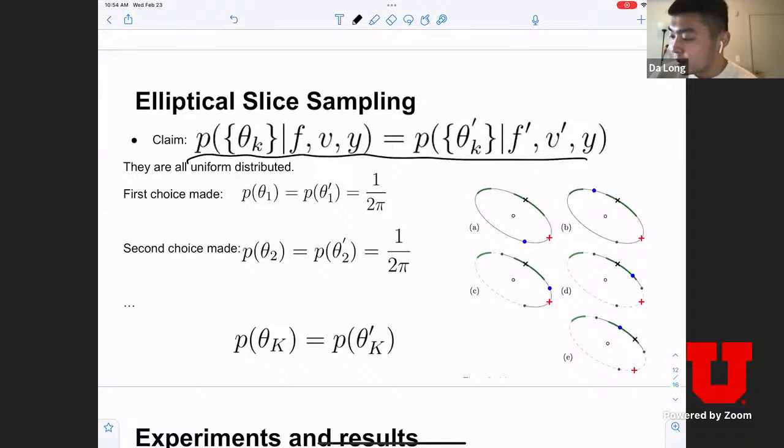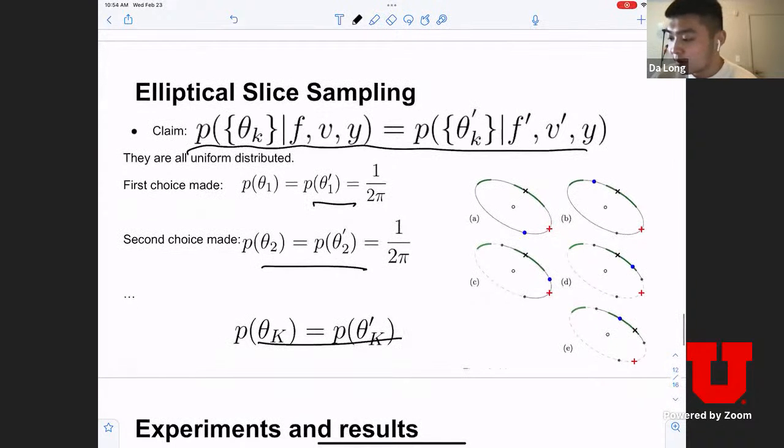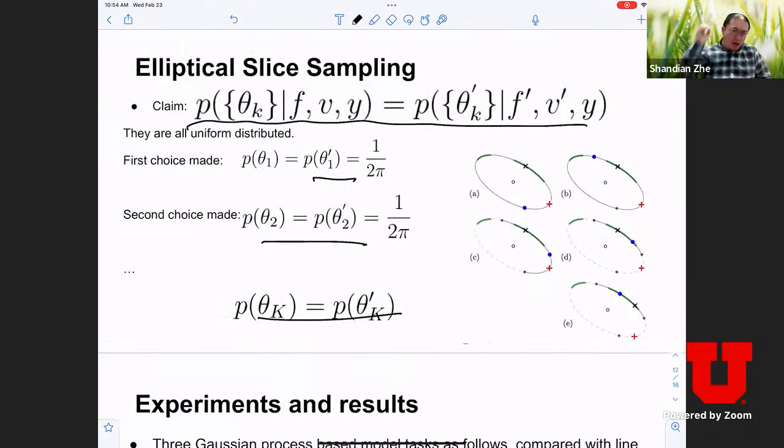And when you do the reverse procedure, jumping from the final state back to the current state, you will find those theta are all equal. So that's why they are equal. But is the probability always 1 over 2 pi? Looking at the algorithm, no, it's not.